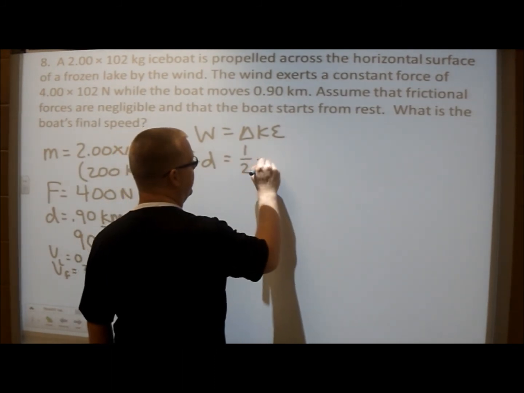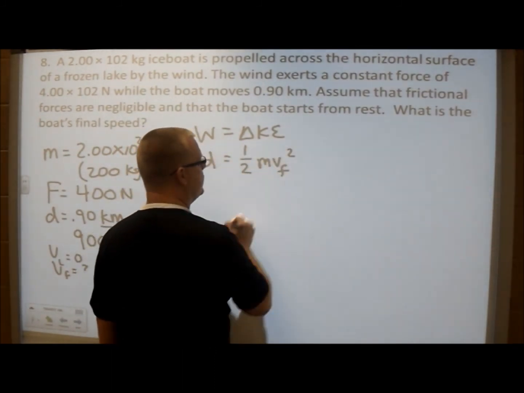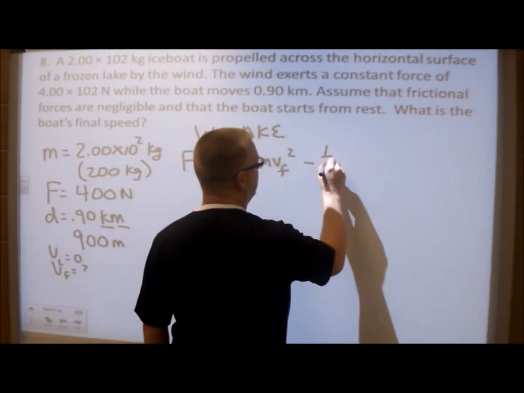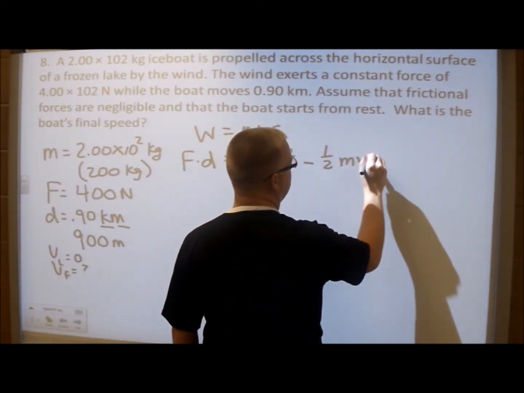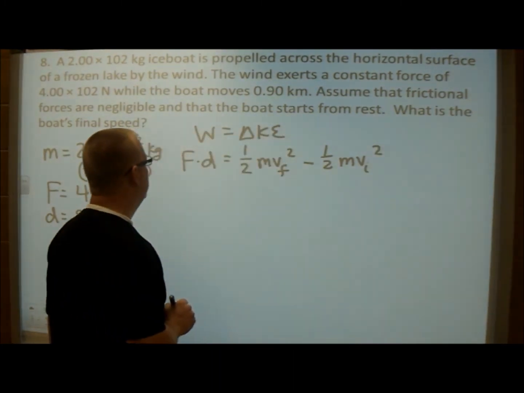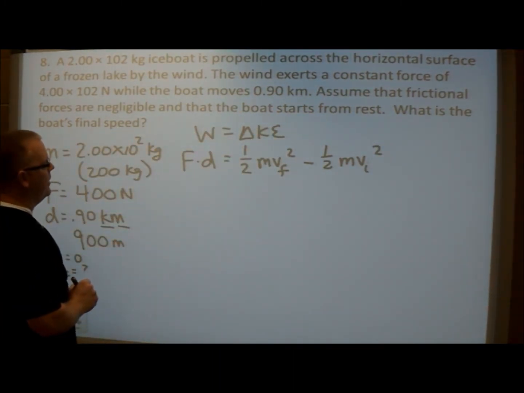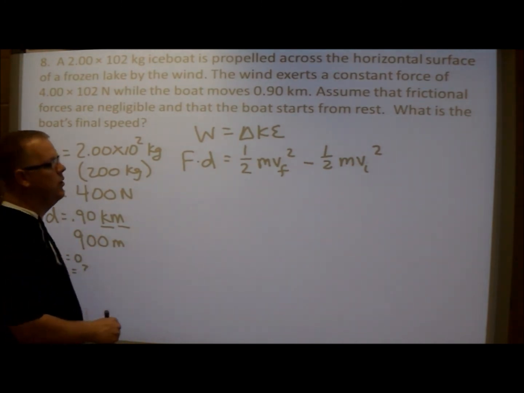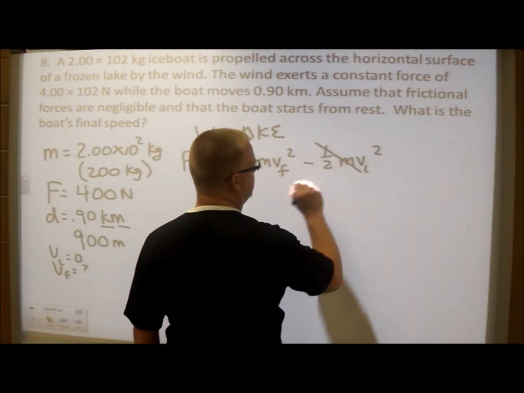So to find my final kinetic energy, it's 1/2 m times the final velocity squared minus 1/2 m times the initial velocity squared. All right, let's plug in the things we know, except that since the initial velocity was 0, we can get rid of this stuff.